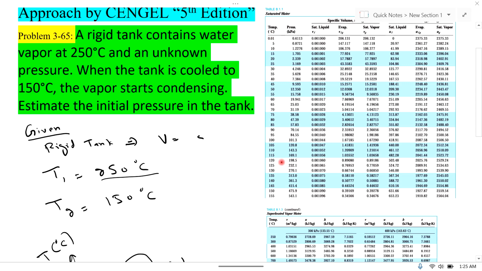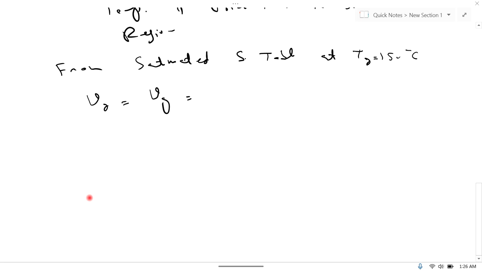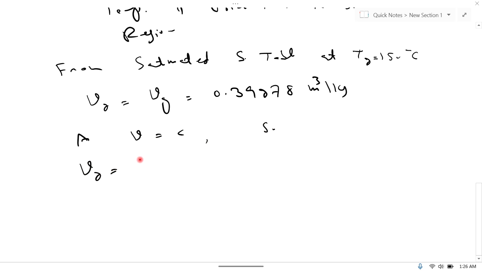Temperature is 150 degrees centigrade, and here this is Vf and this is Vg. Vg is 0.39278 meter cube per kg. As volume is constant, V2 is equal to V1, which is 0.39278 meter cube per kg.